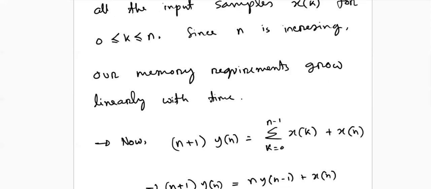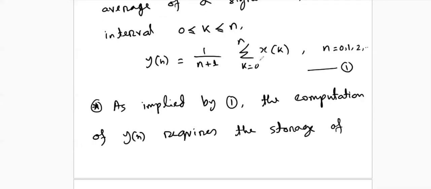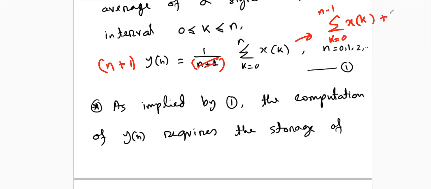So if I just give you the idea from this equation, what we have done, we are taking this n plus 1 in the left side, and we have this value. It can be represented like k equals 0 to n minus 1, so then we have xk plus xn.